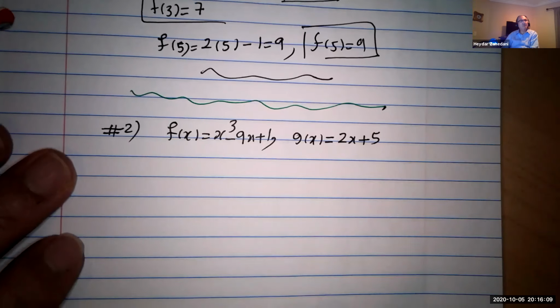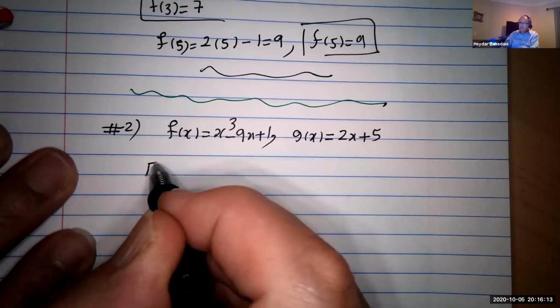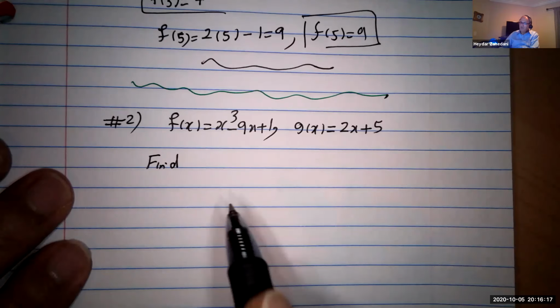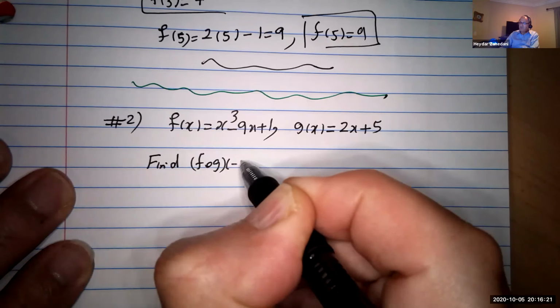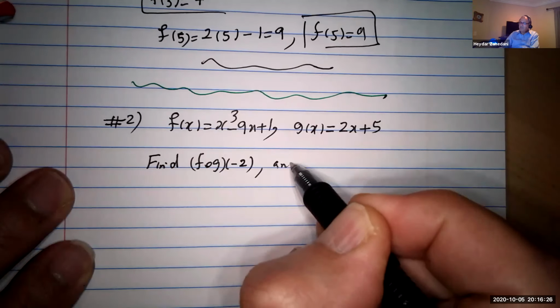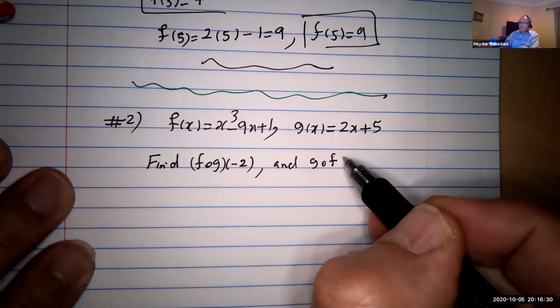Okay, 2 functions, 2 different actions. We want to compose them together, and we usually ask for one general value and one local one. We ask for the f o g at -2, and we ask for the g o f at x.